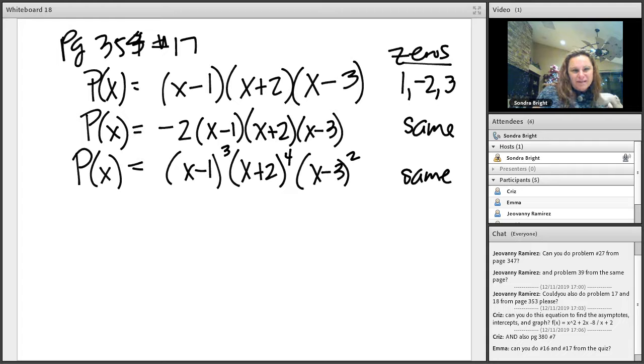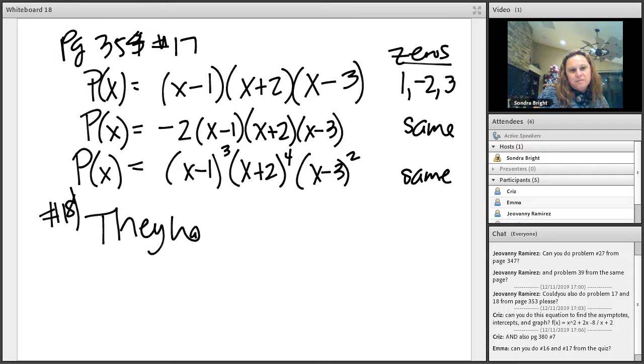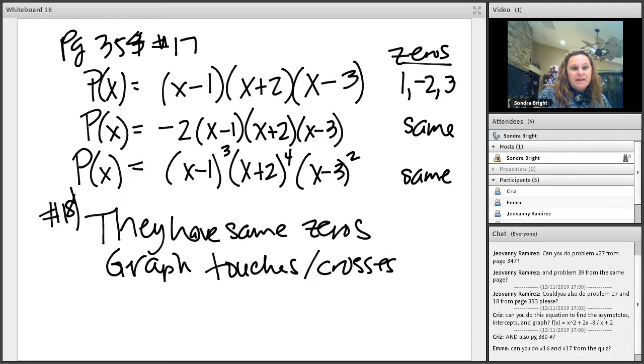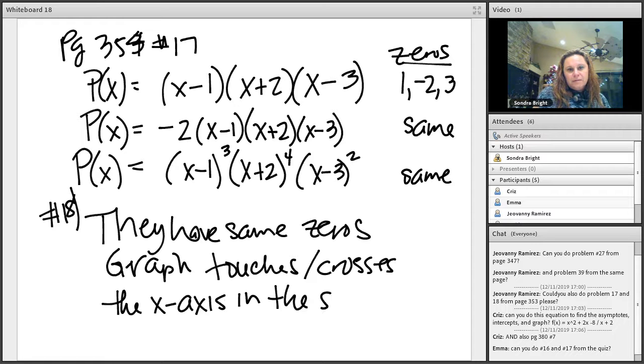So for number 18, they have the same zeros, which means the graph touches or crosses the x-axis in the same spots. I should say at the same x values, right?